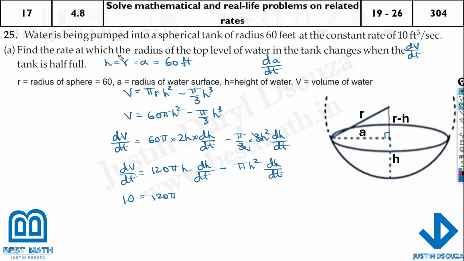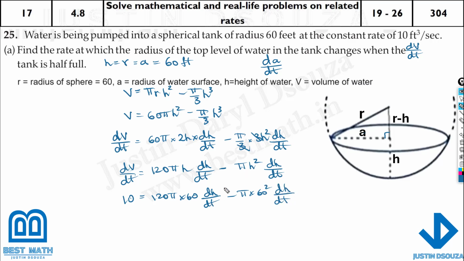What is h? H is 60, because the height must be half when the tank is half full. That means it's the radius of the sphere. So this is again 60 dh by dt minus pi into 60 squared dh by dt.